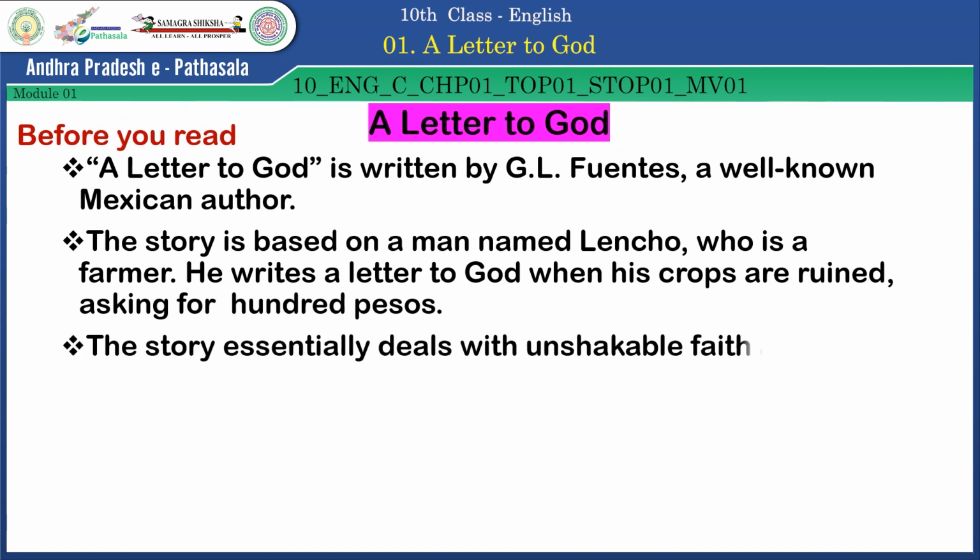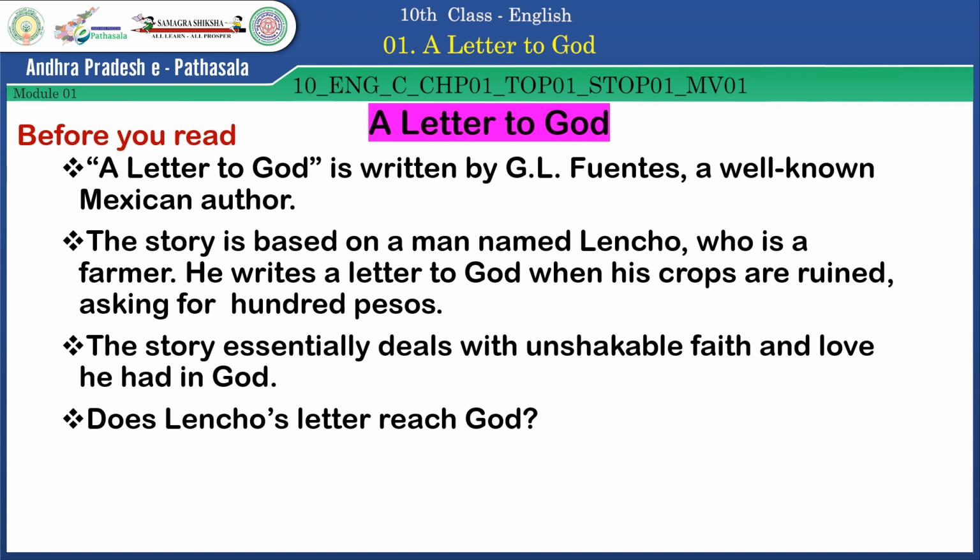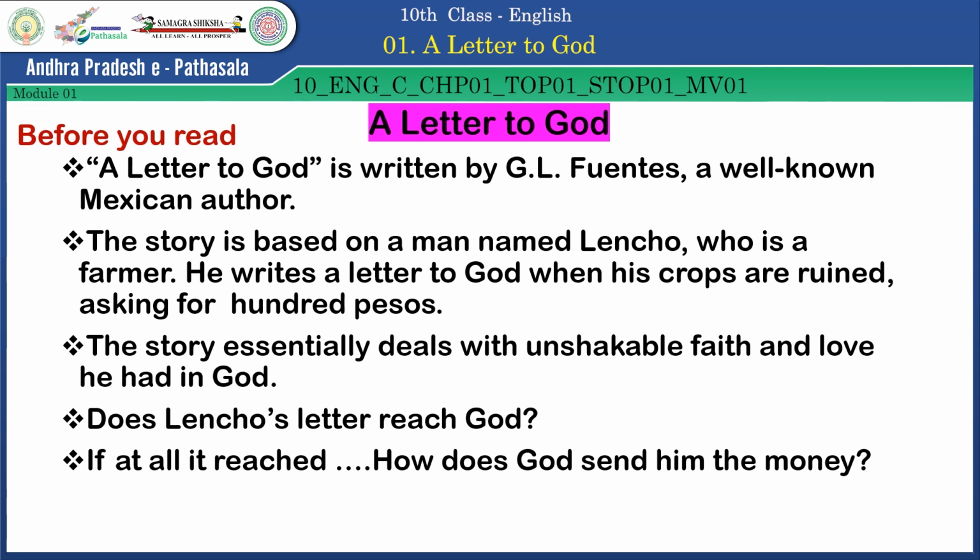The story essentially deals with unshakable faith and love he had in God. Does Lencho's letter reach God? If at all it reached, how does God send him the money? Oh, this is the big question.